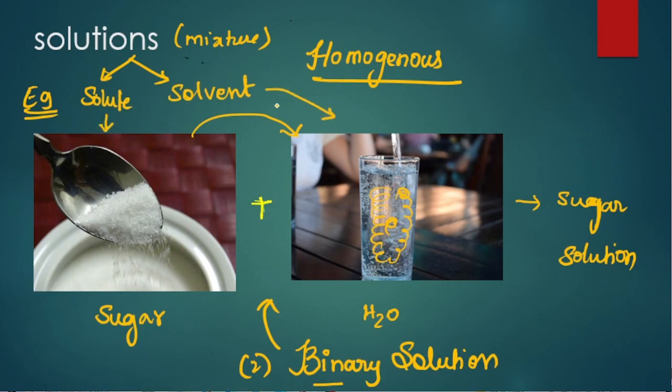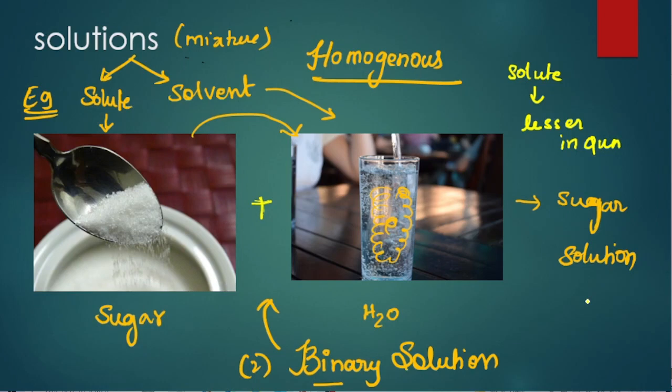What is the criterion for becoming a solute? The solute in a solution should be lesser in quantity, but the solvent in a solution should be greater in quantity.